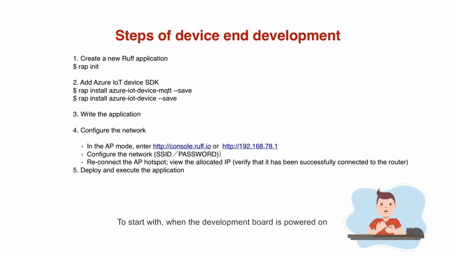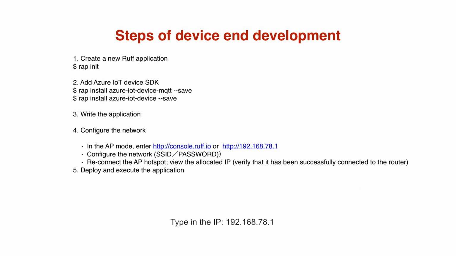To start with, when the development board is powered on, it actually enters an app mode. And when this app mode has been launched, we enter our configuration interface in the browser. Type in the IP 192.168.78.1 or an address, that is, console.ruff.io.